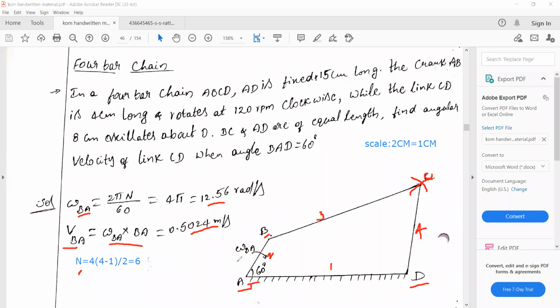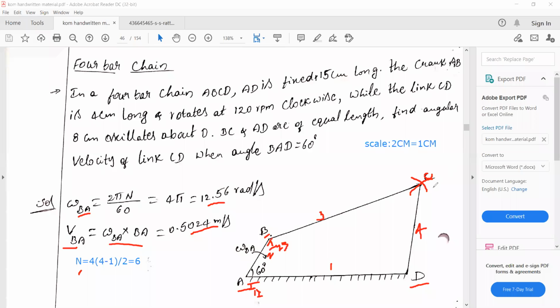I12. And this one, links 2 and 3, at position B, is I23.